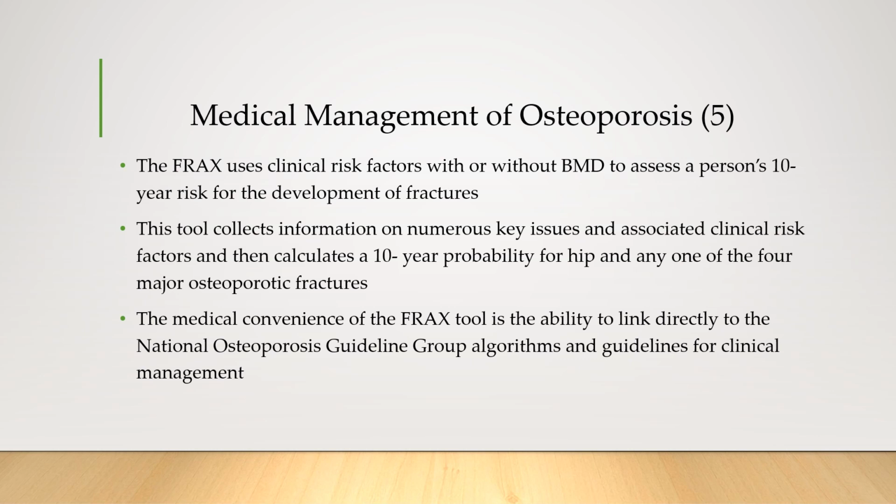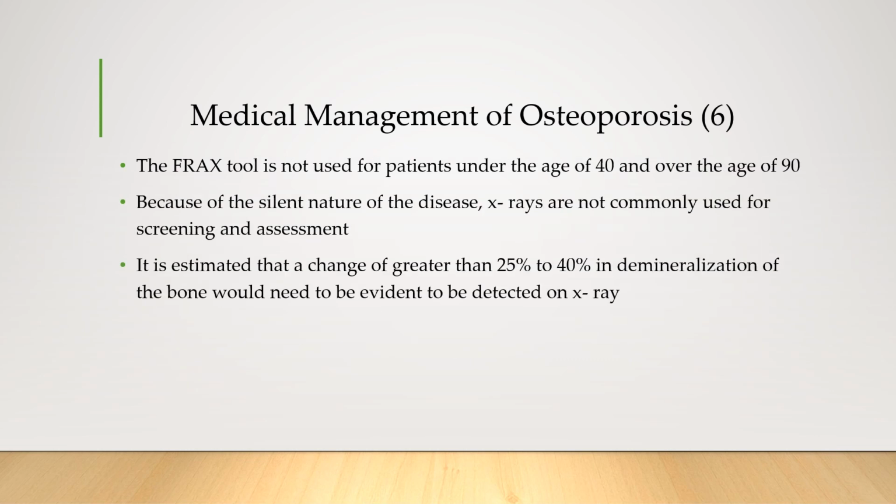This tool collects information on numerous key issues and associated clinical risk factors, and then calculates a 10-year probability for hip and any one of the 4 major osteoporotic fractures. The medical convenience of the FRAX tool is the ability to link directly to the National Osteoporosis Guideline Group algorithms and guidelines for clinical management. The FRAX tool is not used for patients under the age of 40 or over the age of 90.